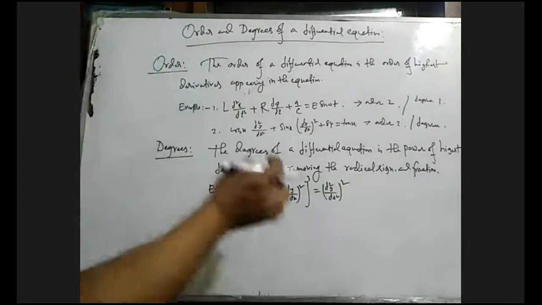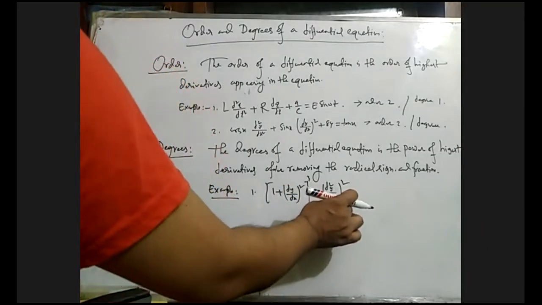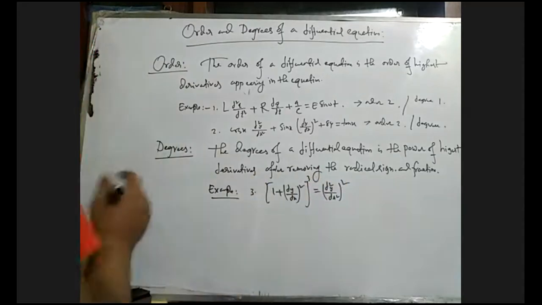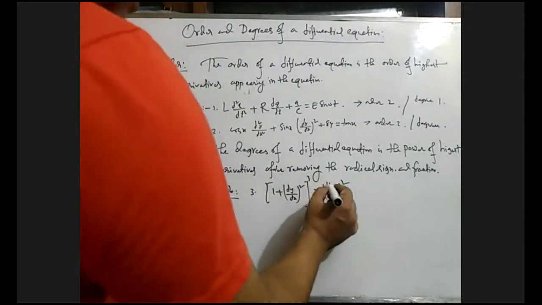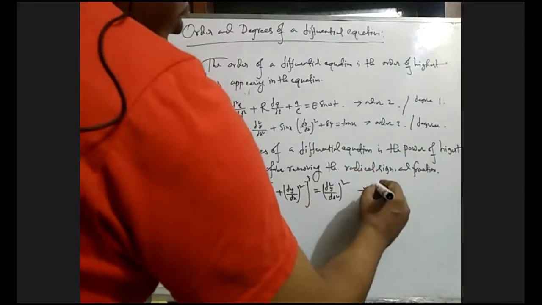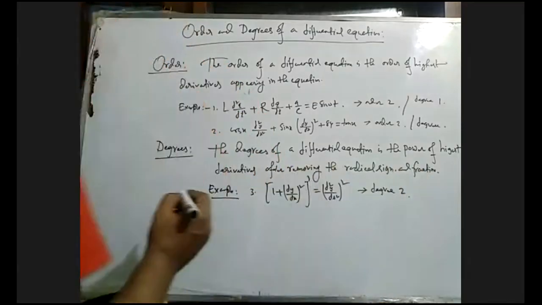Actually, the highest derivative here is this, right? So this is example number 3 for this sequence. Now the highest derivative is d square y dx square. The highest power is 2. So the degree is 2. Remember it.